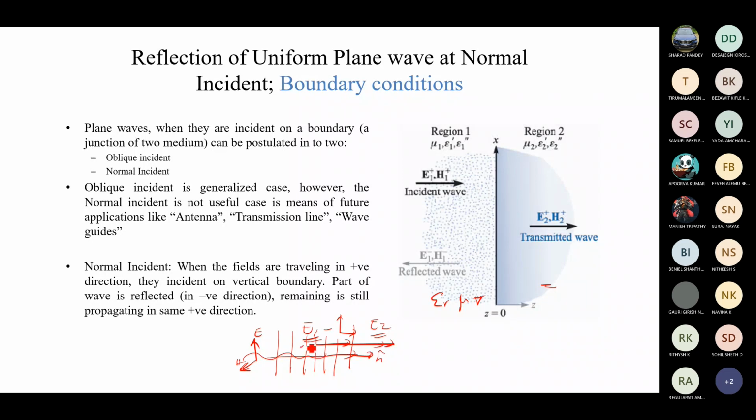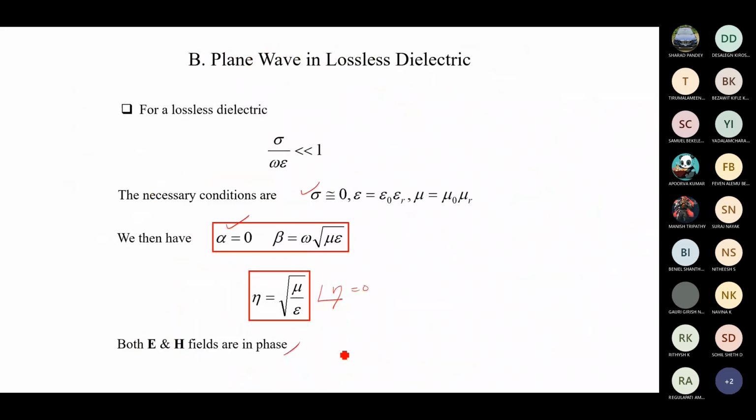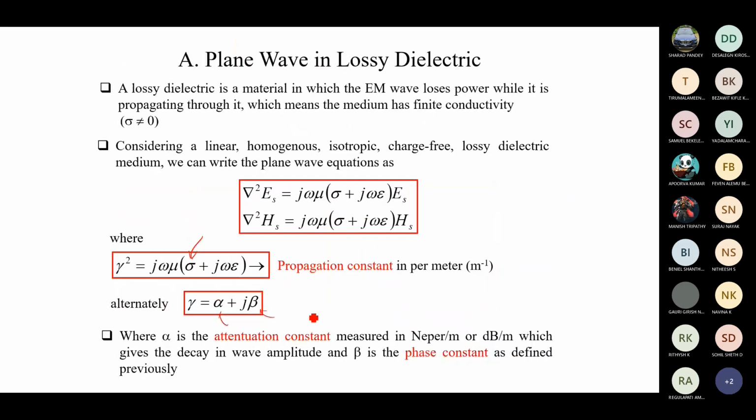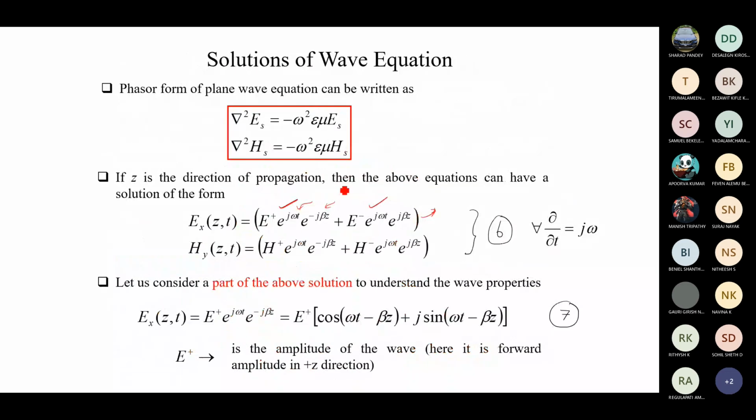So when the wave is traveling in this direction, there is a possibility of reflection, which is very well known, and this could happen in a given medium. We already know that in a particular medium, both the forward and reverse wave can exist, operating at the same frequency with the same phase constant.